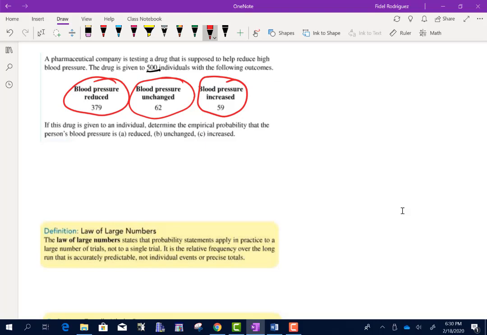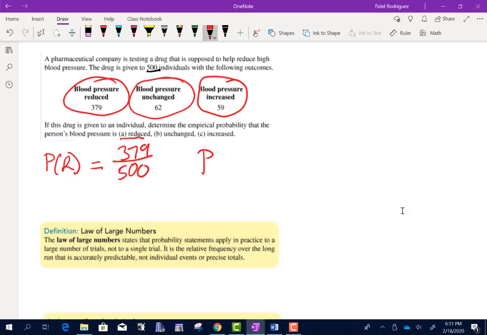Okay, so the first question says, if a drug is given to an individual, determine the empirical probability that the person's blood pressure is A, reduced. Okay, so the probability that it is reduced: out of the 500 patients, 379 had a reduced blood pressure. Okay.